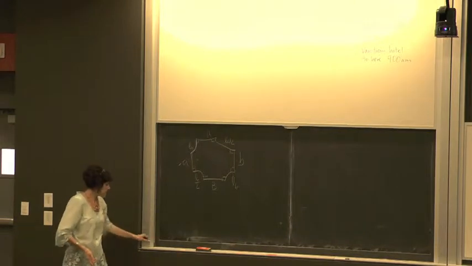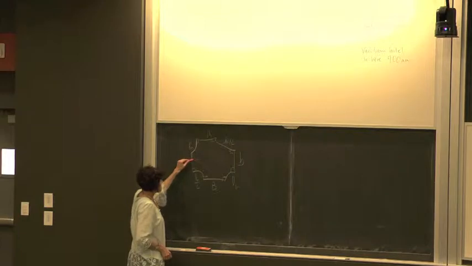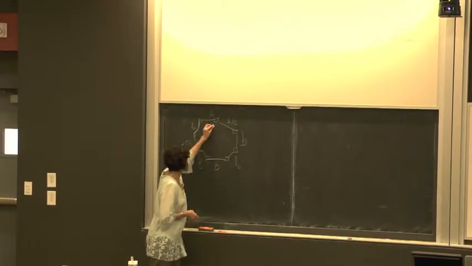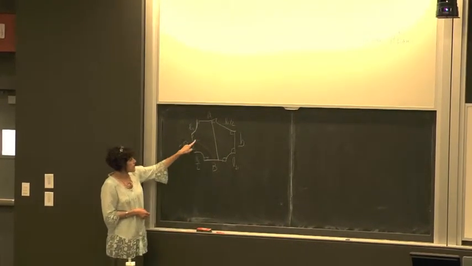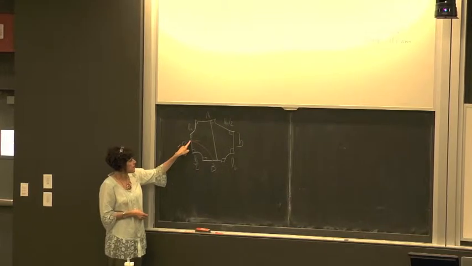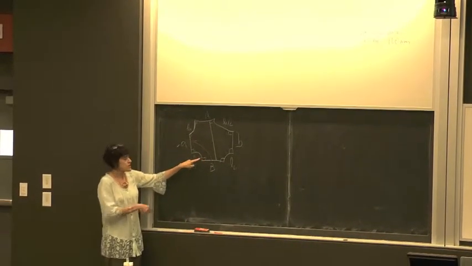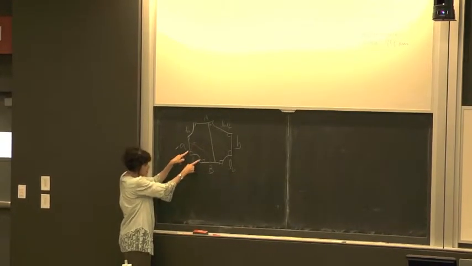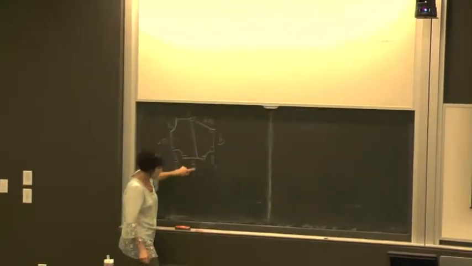So now, notice that my curve is made by arcs like this, or like this, and so on. So this particular arc, going from A to B, is longer than this one here, because this is a quadrilateral with two right angles here. And there's a similar bound for this one.